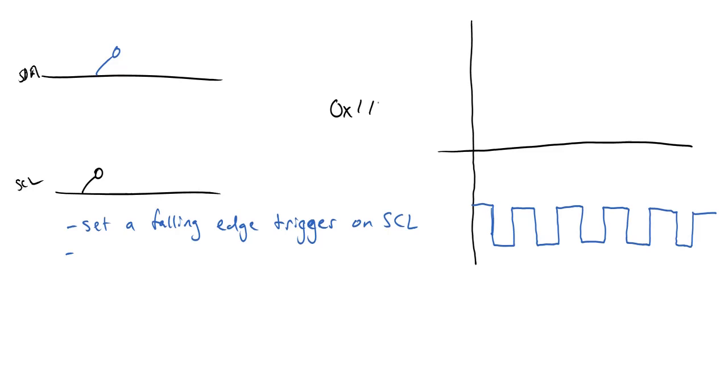Then what you would get is something like this. We have a 0, 0, 0, 1, then 0, 0, 0, 1.